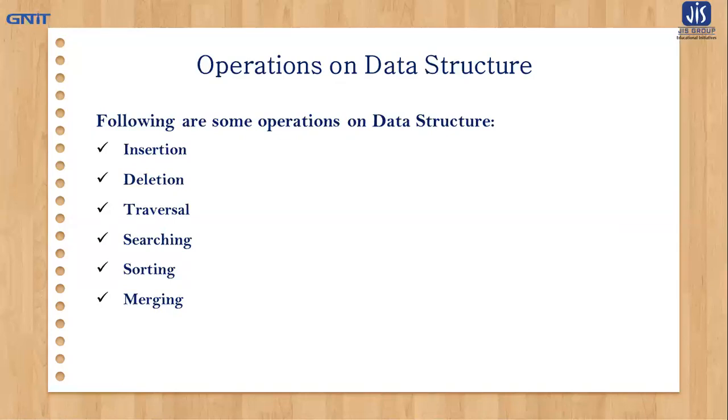We can traverse each and every student's database. Then it is searching. Suppose I want to search who is the topper of the class. Then we can search it very easily if we store the data in an efficient way. And there are some searching techniques to get the data very easily.